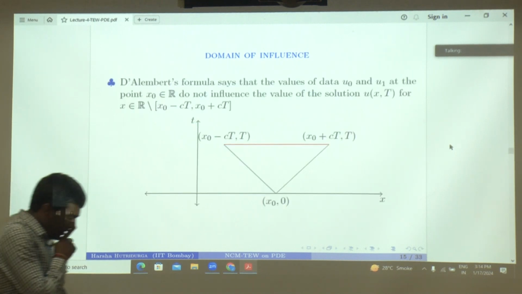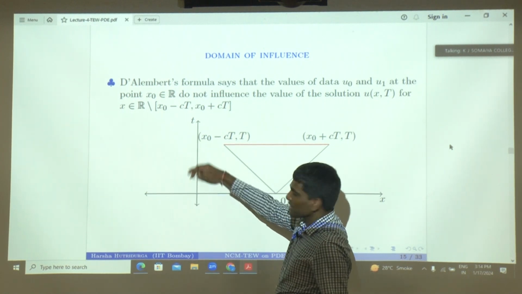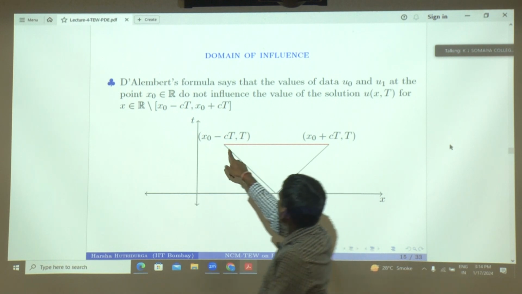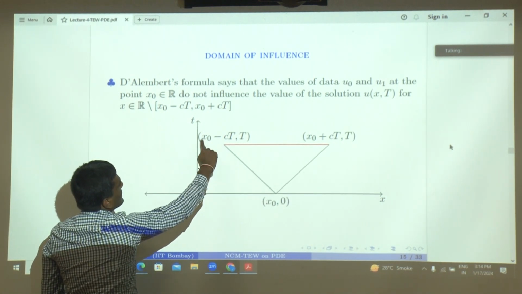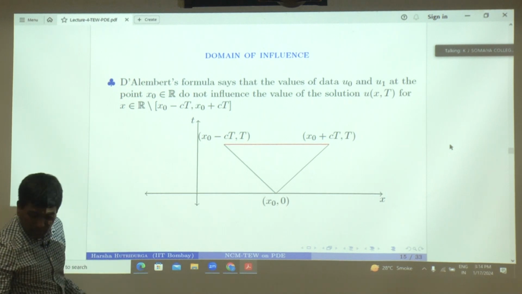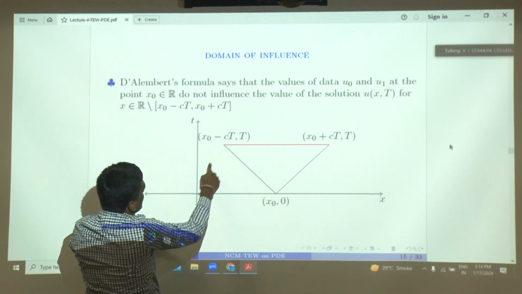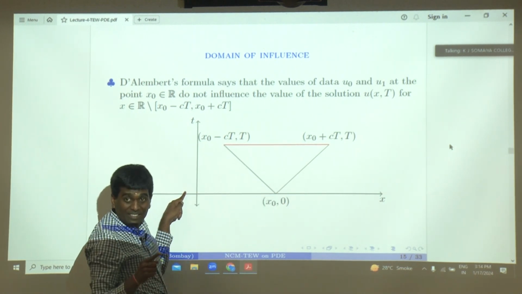Now, we know that if I am standing at this level capital T, let's say, this is the T axis, and I stand at this point, this is x naught minus ct, there is the triangle picture, right? There is one line going with slope c, and one line going with slope minus c.